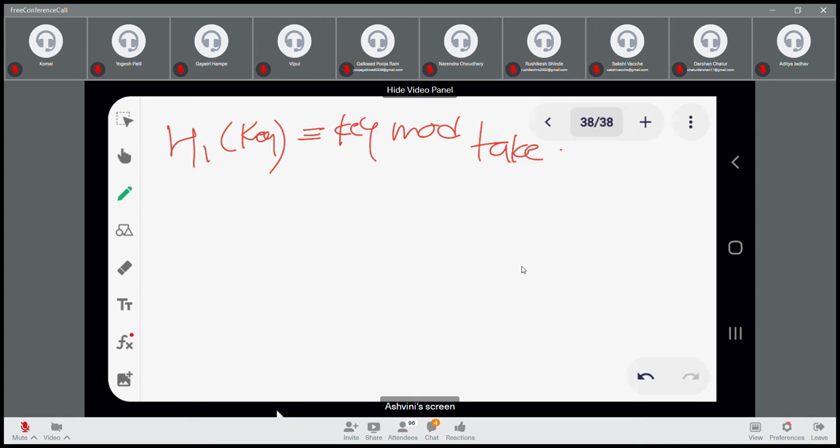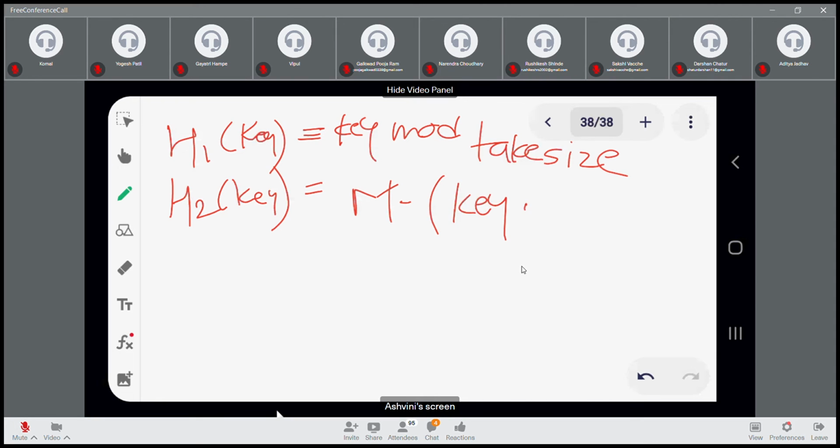First we are going to apply the mod function on the table size, whatever the size of your table. And the second hash function, H2 key, is m minus key mod m.